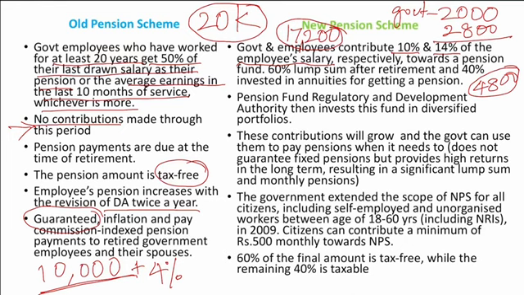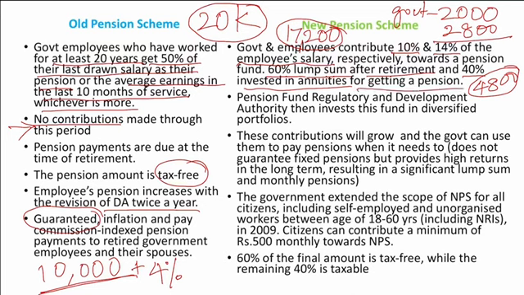And then after he retires, he will immediately get 60% of his money as lump sum after retirement, and then the 40% is invested in annuities, that is in bonds or stocks or whatever, for getting a pension.